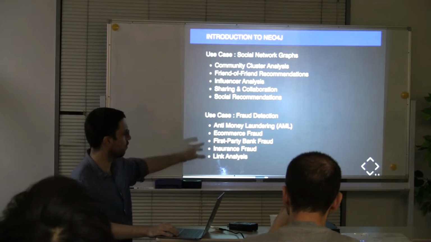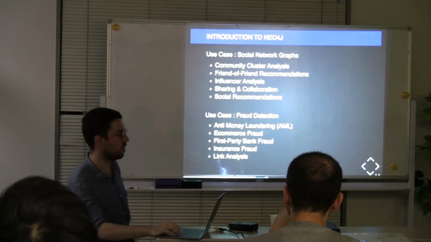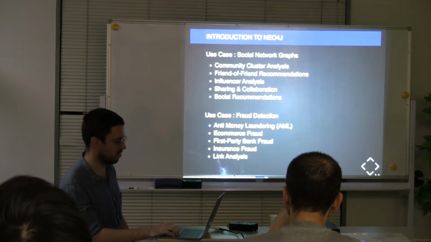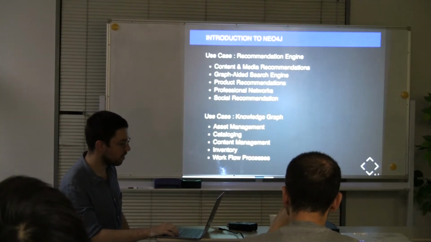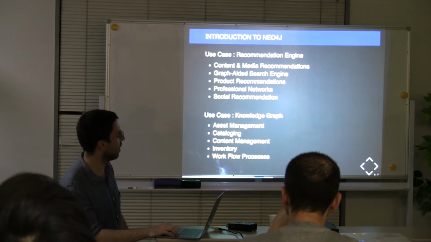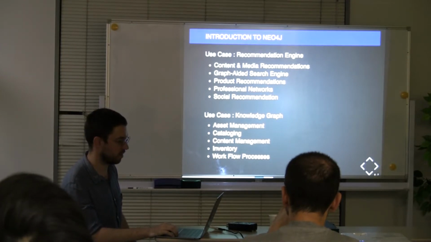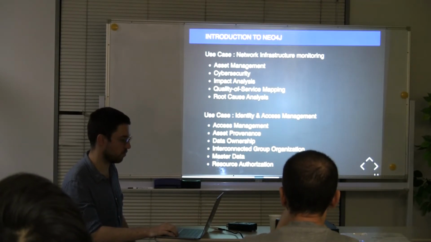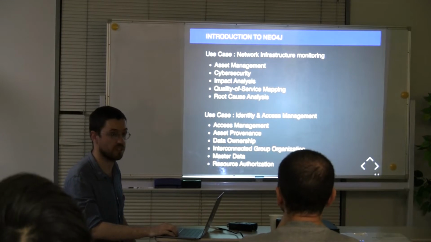It was used for the Panama Papers. If you're interested, they have a white paper about that, which is pretty interesting. You can use it for recommendation engines, which is pretty hyped as a business use case. Knowledge graphs, network infrastructure monitoring, and identity and access management.